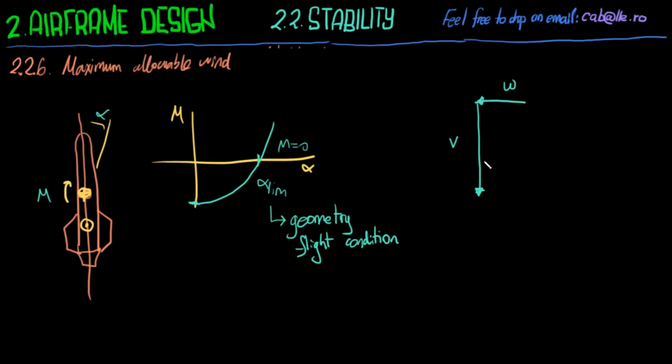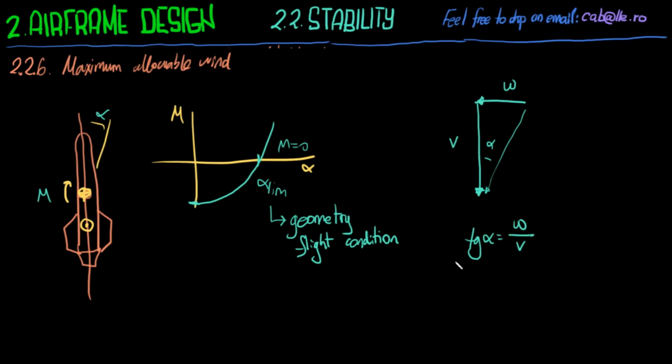So the rocket, which was flying vertically and at an angle of attack 0, suddenly is going to find itself at an angle of attack alpha.